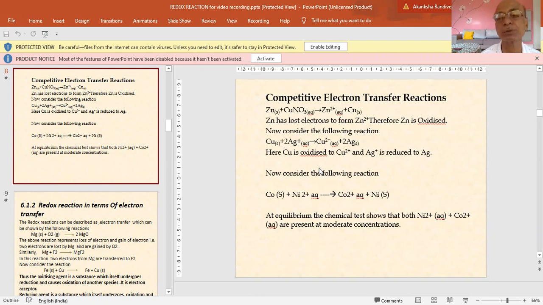2 electrons are lost. At the same time, Ag plus is converted into Ag. That means Ag plus has accepted the electrons to form Ag. That means Ag plus is reduced.